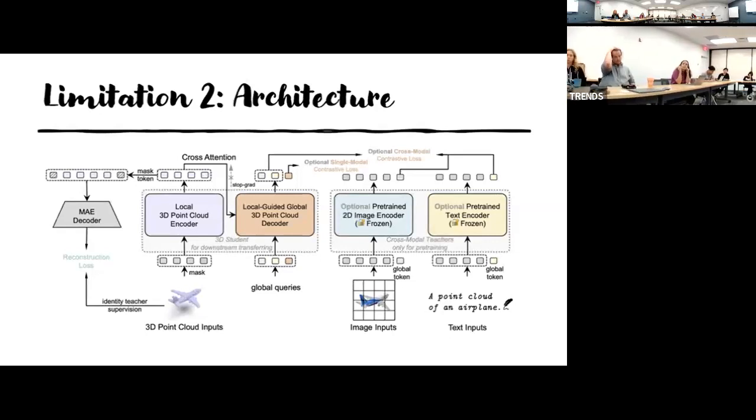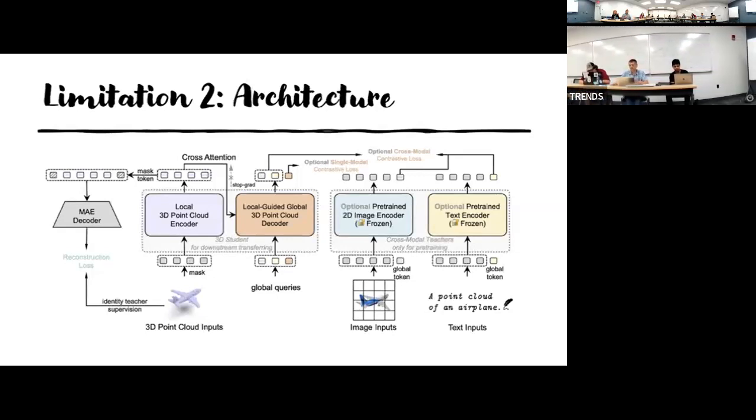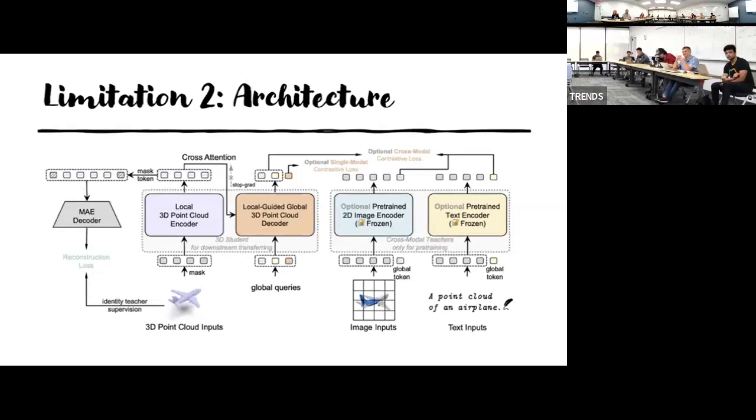I mean the masks that are passed into the MAE. I don't remember that. I don't think they do random masking in this case, because that wouldn't make sense, but I guess the mask is just a token.